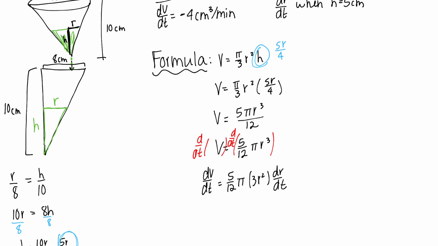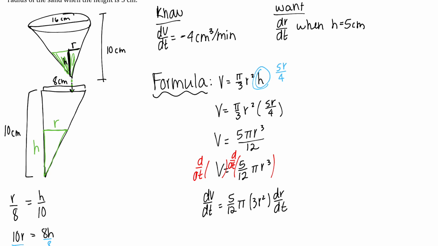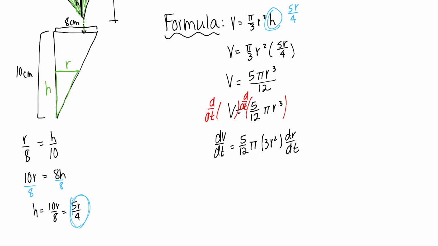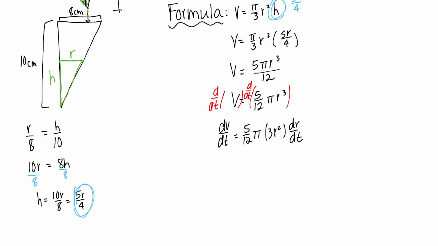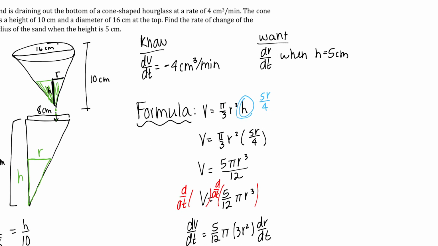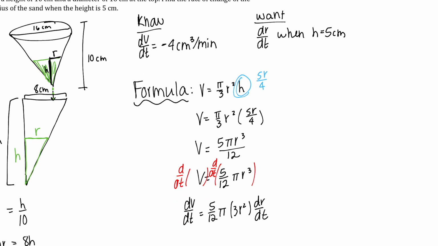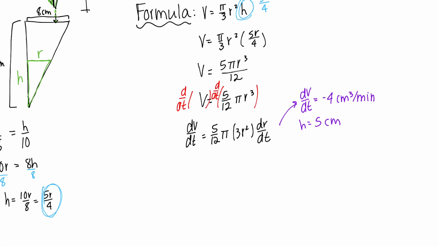And we know that the radius, well, we don't know the radius. We know the height is 5 centimeters. So let me write down what we know again. Oops, there we go. So we know dV/dt is equal to negative 4 centimeters cubed per minute. We can plug that in. We know that h is equal to 5 centimeters, but we don't need h, we need r.